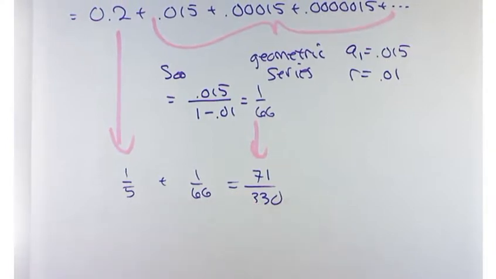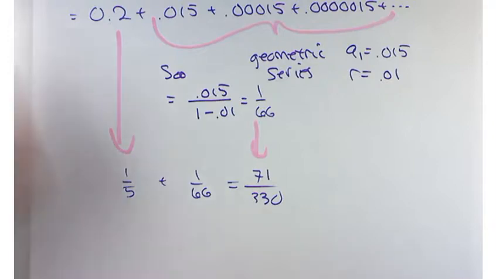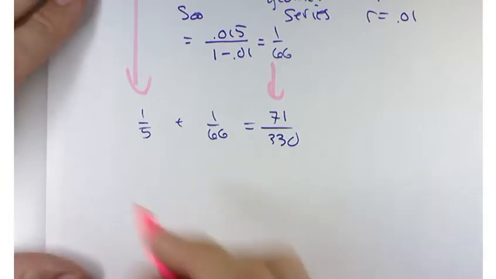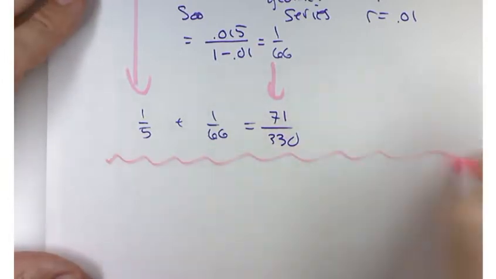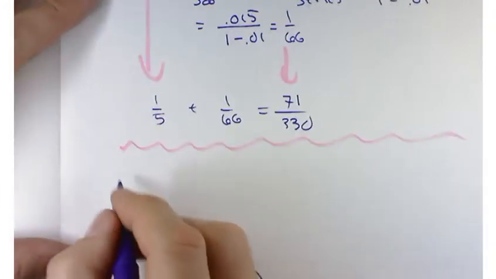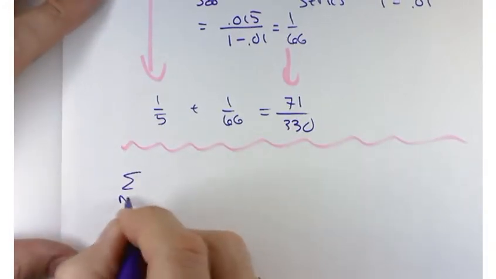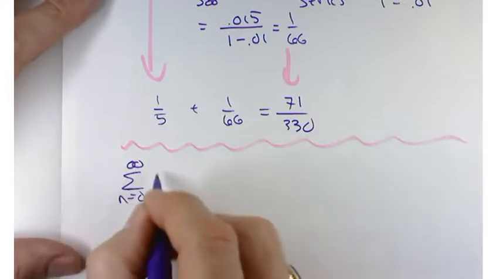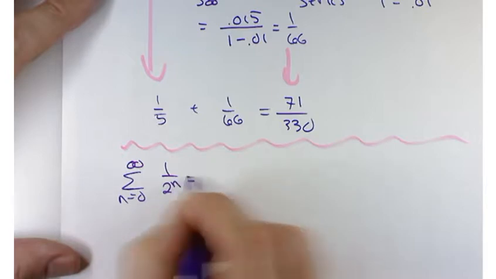How are we looking on problem number 40? You okay with that one? In the same manner that we just did the previous bunch, here's another one, kind of a freebie fast one for us. The sum from n equals 0 to infinity of 1 over 2 to the n.